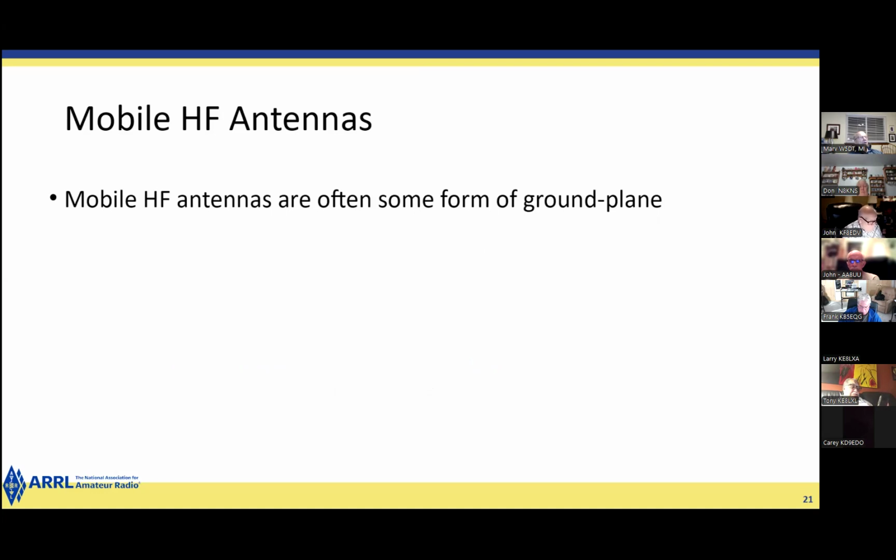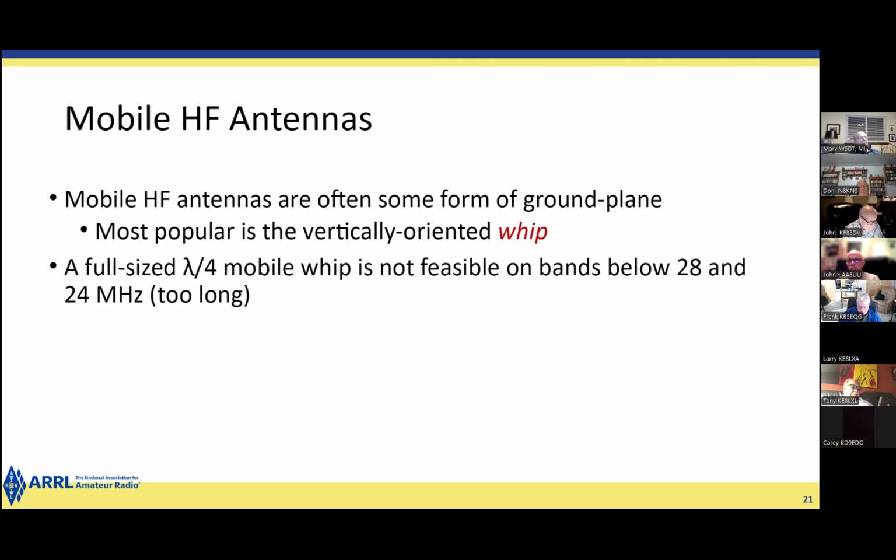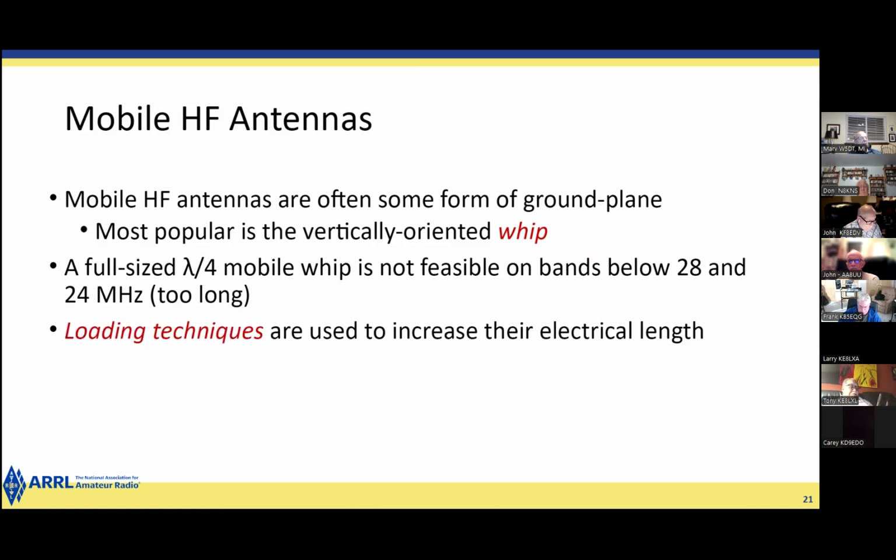Mobile antennas are again some form of ground plane, the most popular, of course, being a vertical whip. A full-sized one is feasible on bands above 28 megahertz; below 24 megahertz it would be far too long. So loading techniques are used to increase their electrical length.